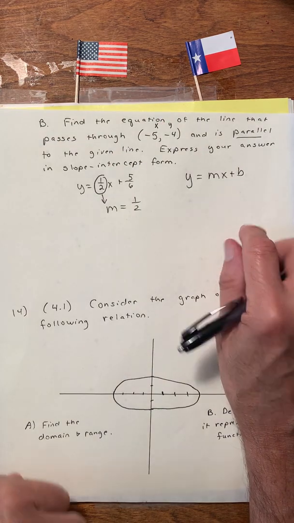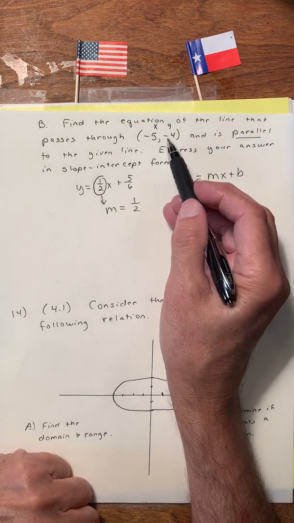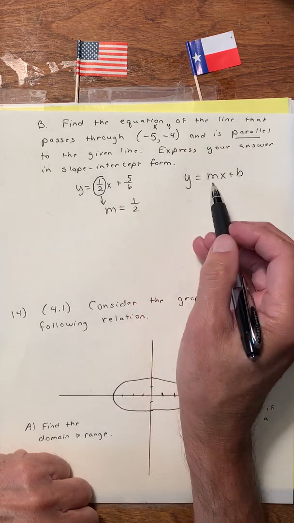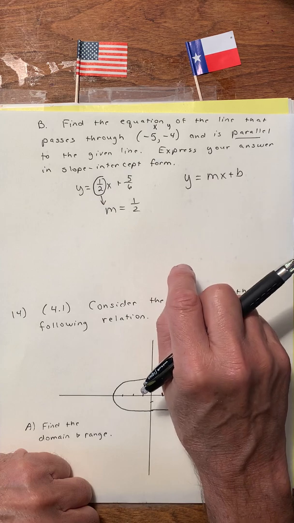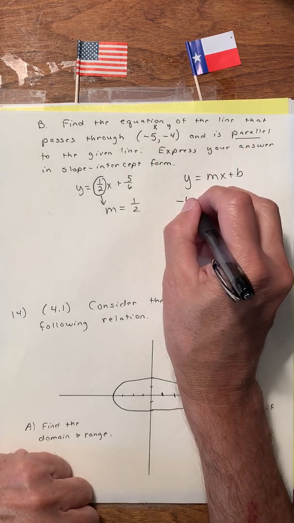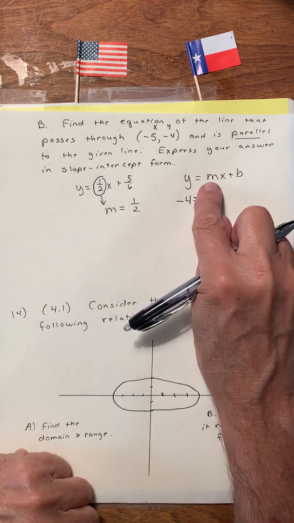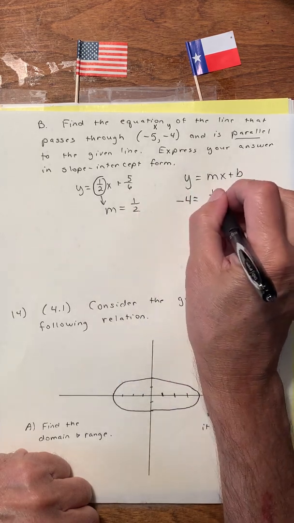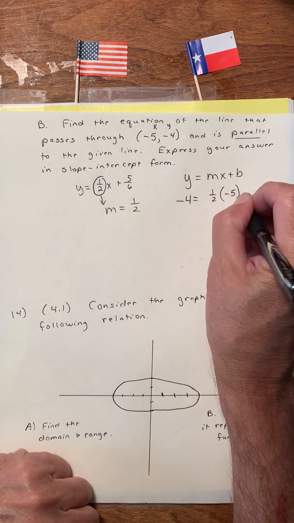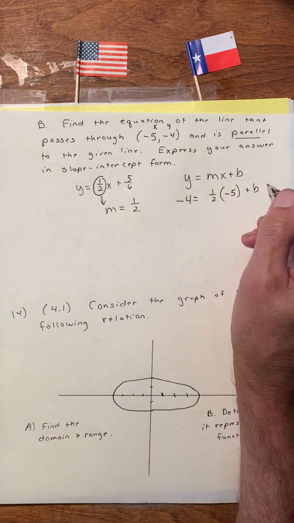So all I need to do is fill in these two values for x and y, this value for m, and find out what b is. Here we go. Here's my y. -4 equals the slope, 1/2, times x, which is -5, plus b.